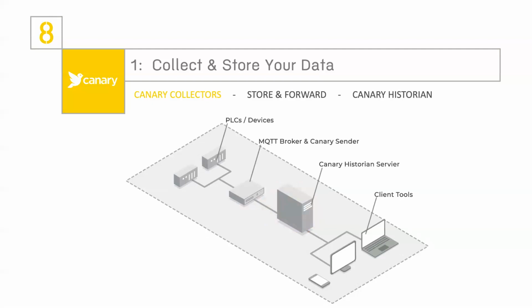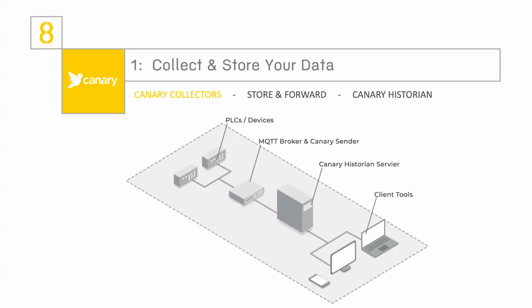We can do exactly the same with MQTT. If you have an MQTT broker, that broker can be local. It can be in the cloud. We also connect the Canary sender service to that MQTT broker. Any tag that's pushed to that MQTT broker that adheres to the Sparkplug protocol, the Canary sender service will be able to consume that payload.